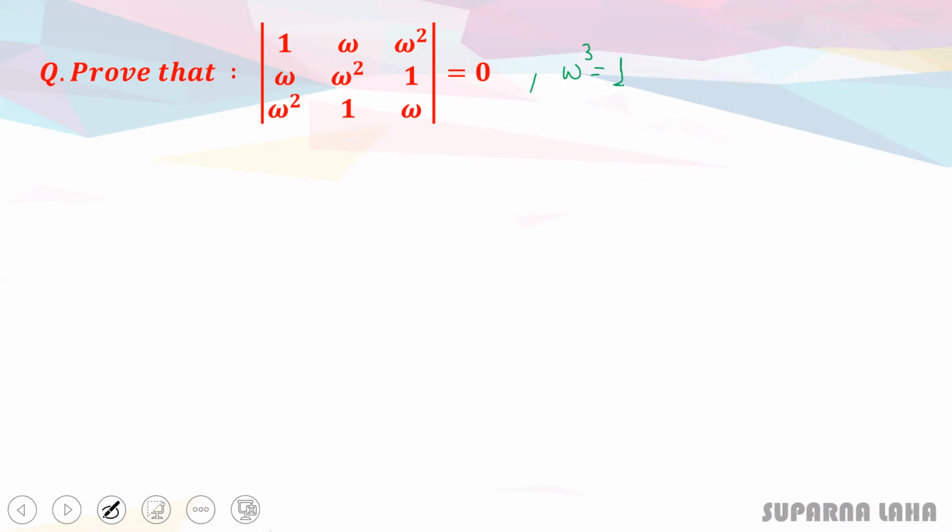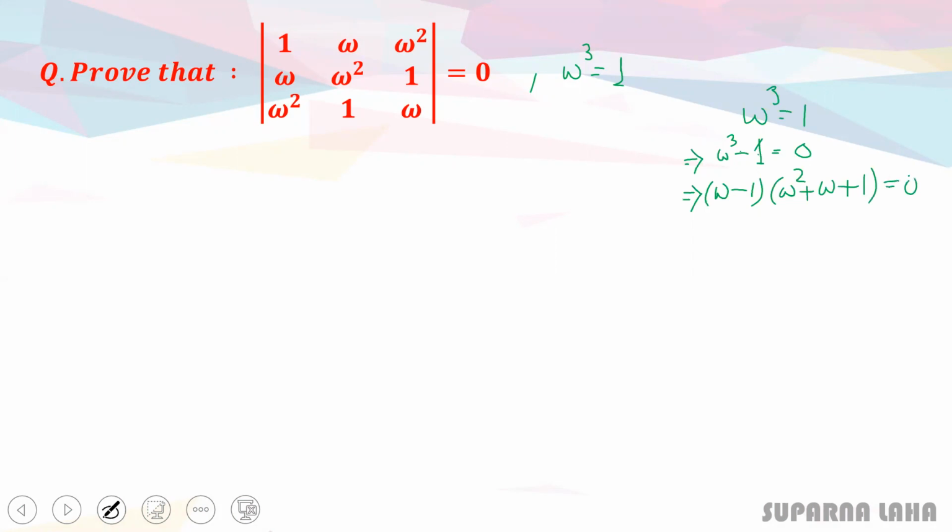Now omega is the cube root of 1, so if omega cube is equal to 1, we can write this as omega cube minus 1 is equal to 0. So now we can apply the a cube minus b cube formula, that is a minus b into a square plus ab plus b square.